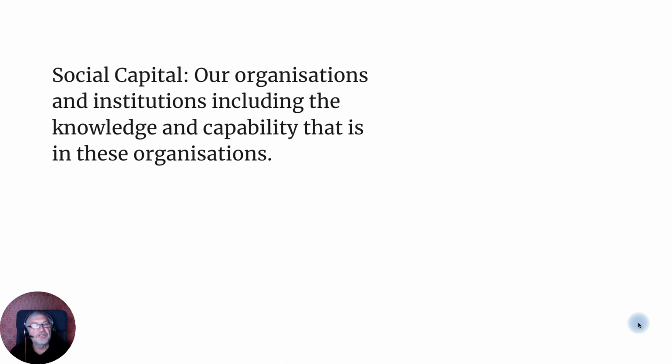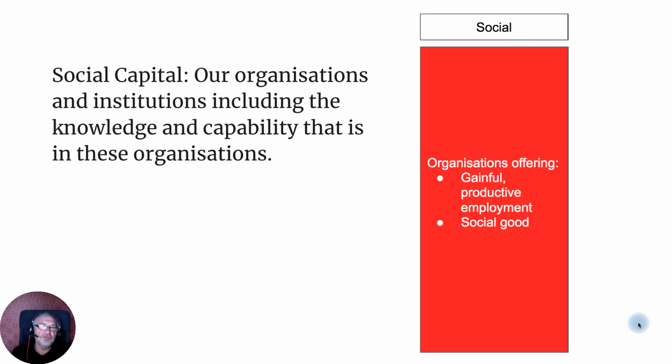Now, social capital is our organizations and our institutions, and that includes the knowledge and capability that's in these organizations. So, healthy social capital is ones that would offer gainful and productive employment, but they'd also provide for the social good, and that includes doing this provision in a way that's concomitant with a healthy environment and all the other capitals.